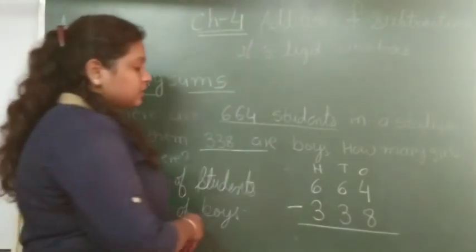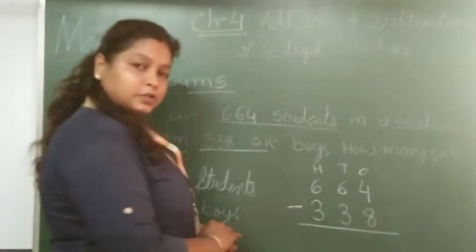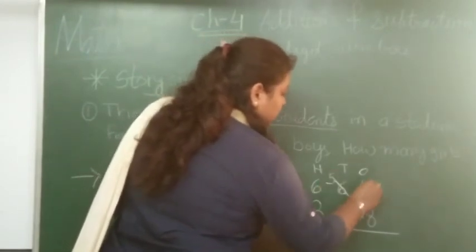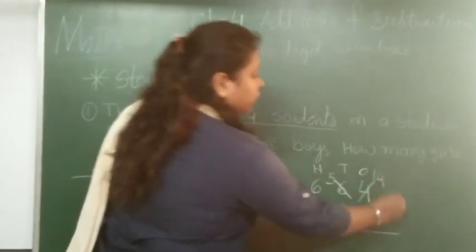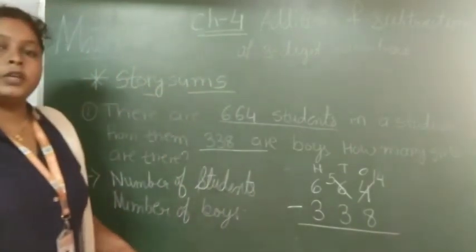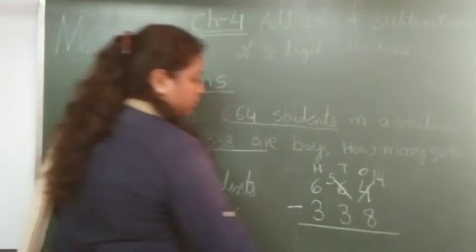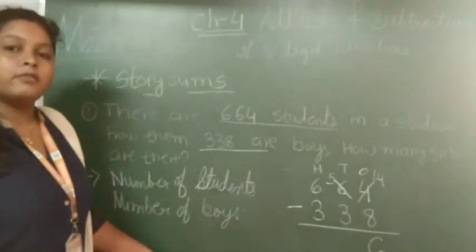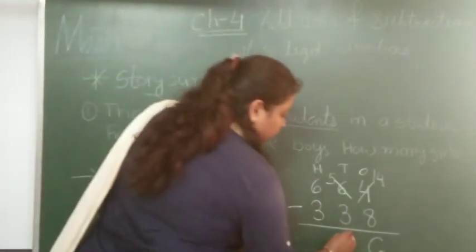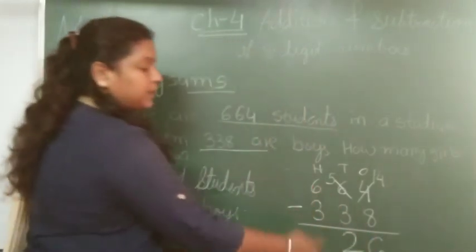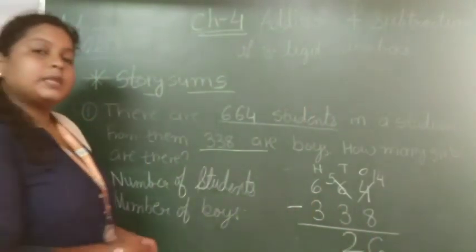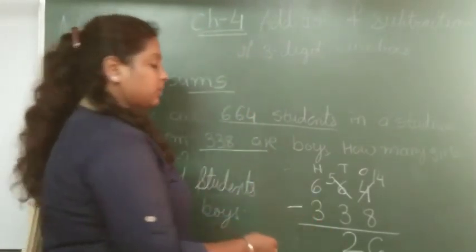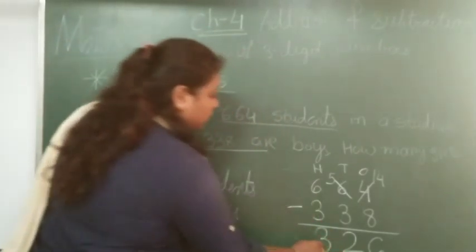Let's subtract this. 4 minus 8 is not possible. We will move to this number. Write the number before it. We will cut 4 and write 14 over here. So from 14 you have to subtract 8. So that will be number 6. Now 5 minus 3 gives you number 2. And 6 minus 3 gives you number 3.